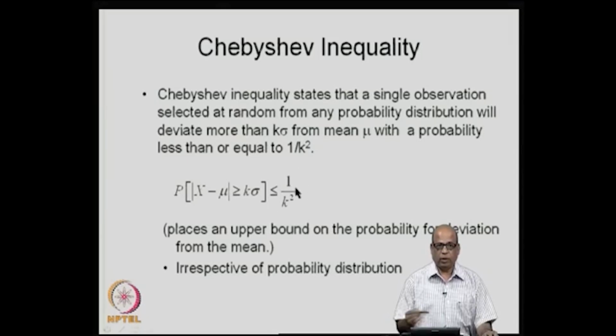That maximum probability is given by 1 by k square. So, in many situations the Chebyshev inequality is a very handy result to use in applications when you do not have information on the underlying probability distribution itself, but you would be interested in getting the maximum probabilities of the deviations from the mean.